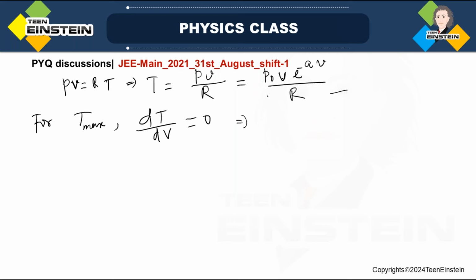So dT by dV, see, if I just take derivative with respect to V, the first term is P0 by R e to the power minus A V, minus A P0 V by R e to the power minus A V. This I have to put 0.